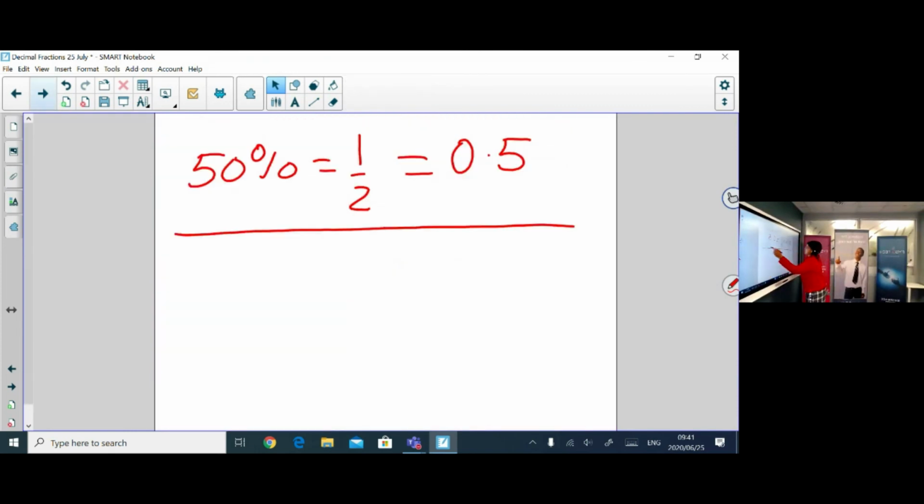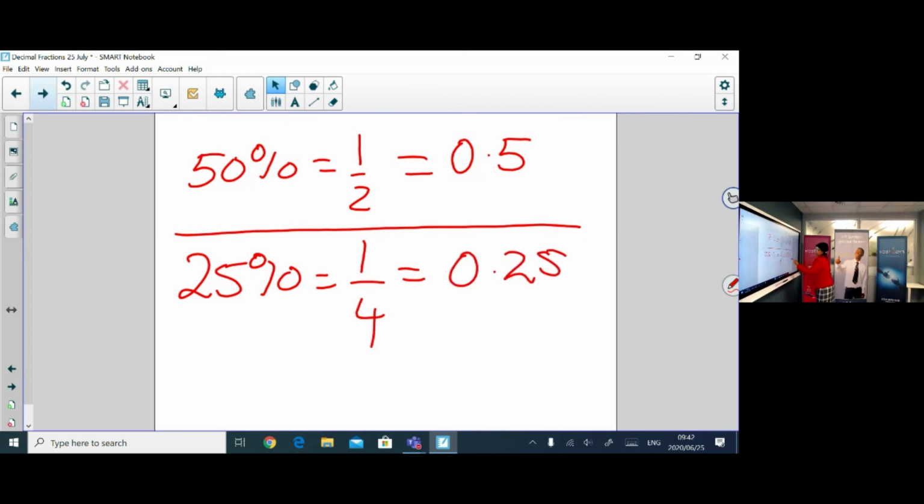Now we also see that 25% is equal to a quarter is equal to 0.25. So do you see the relationship between them? When you are writing fractions as decimal numbers, these are equal. For you to see, because you say there is 25, if you put a 0 there, just for you to see, those are equal.